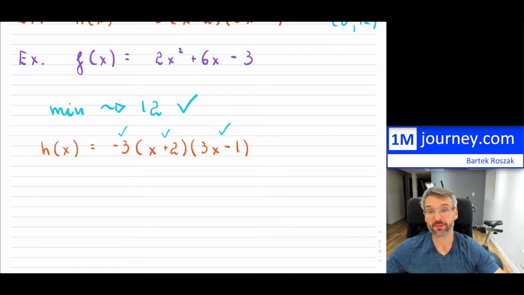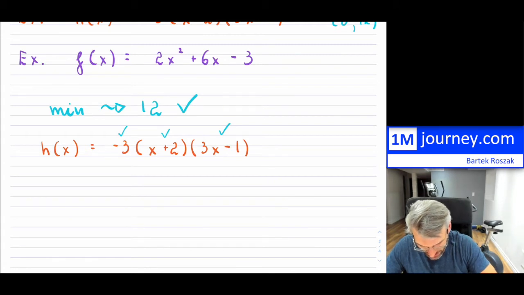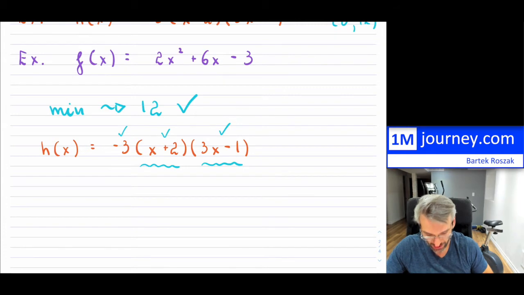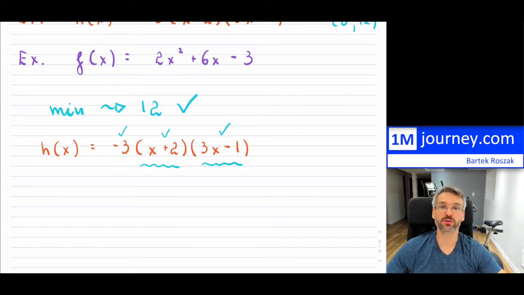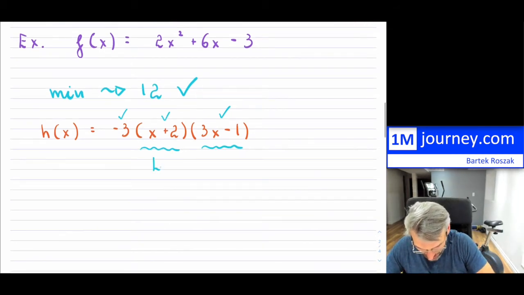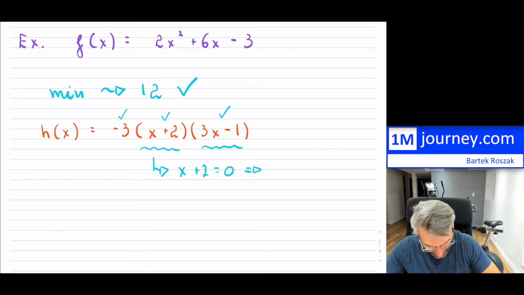Now, I am able to tell quite a bit from this piece of information. These two factors, not necessarily the -3, but x plus 2 and 3x minus 1, tell me what the zeros of this function are. So for x plus 2, this particular zero is going to be x equal to -2.